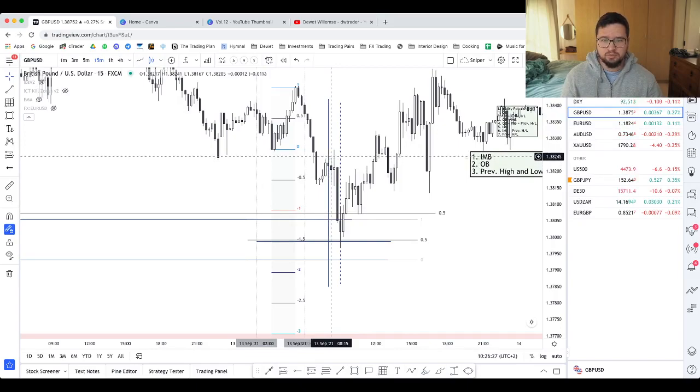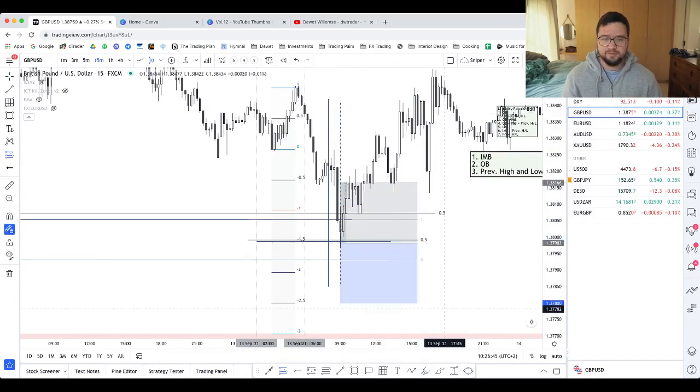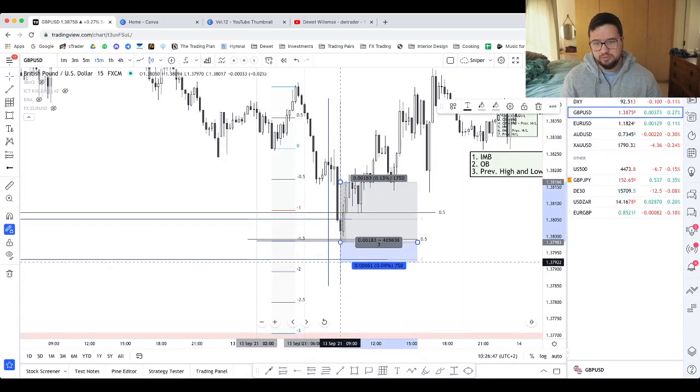Just before London Open, price pushes down. Where to? In the discount, in our first zone, which is the most important one, the imbalance. Then also the 1.5 blocks projection. Look at that. There's our entry. Stop loss just below.